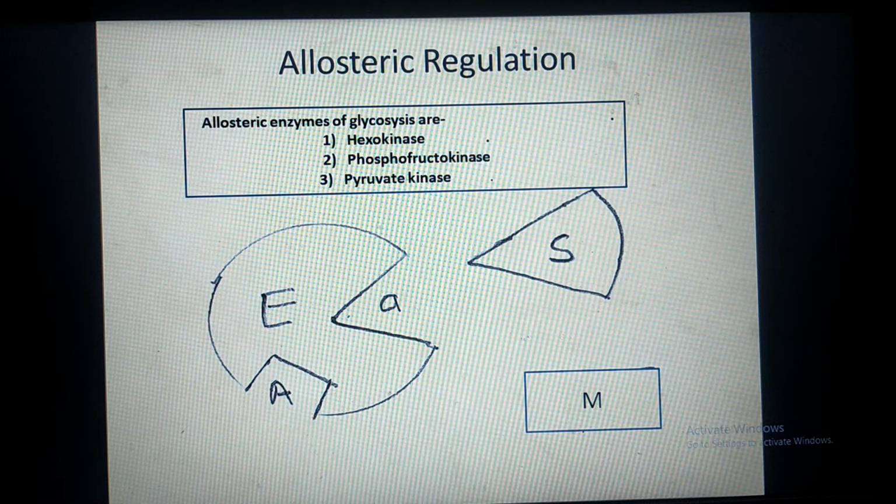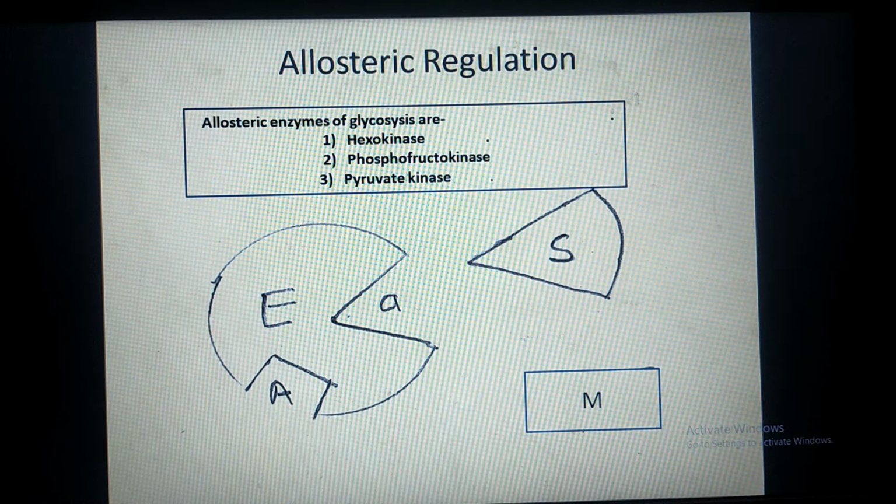If the modifier is an inhibitor, then that inhibitor binds at the allosteric site of the enzyme and it brings a conformational change in the shape of the active site so that substrate will not fit into the active site of the enzyme. Therefore, the rate of reaction decreases.